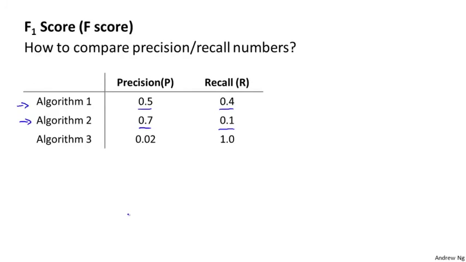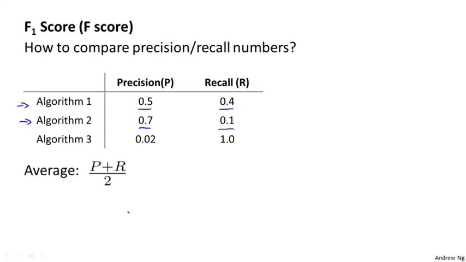Whereas in contrast, if we had a single real number evaluation metric, a number that just tells us whether algorithm 1 or algorithm 2 is better, then that helps us much more quickly decide which algorithm to go with, and helps us much more quickly evaluate different changes that we may be contemplating for an algorithm. So how can we get a single real number evaluation metric?